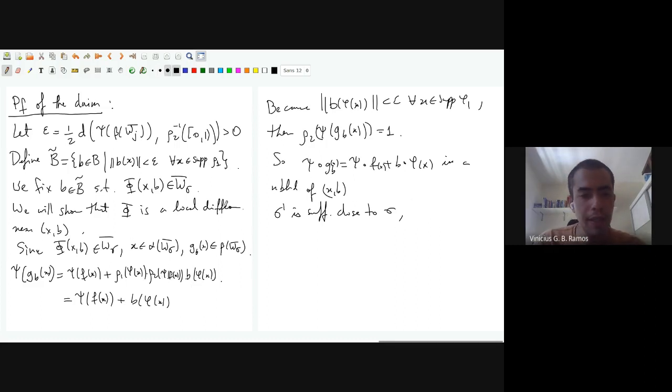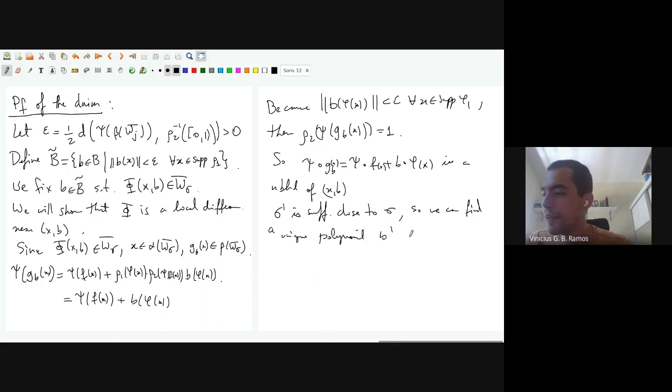So this expression still holds, and we can find a unique polynomial B tilde so that sigma tilde is the kth jet of psi inverse of f of phi of alpha of x tilde, plus B tilde of phi of alpha of, no, of sigma tilde.